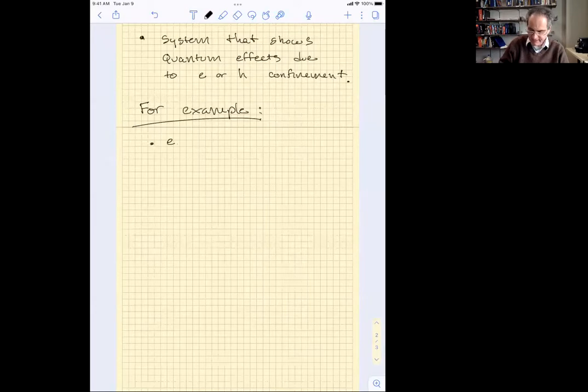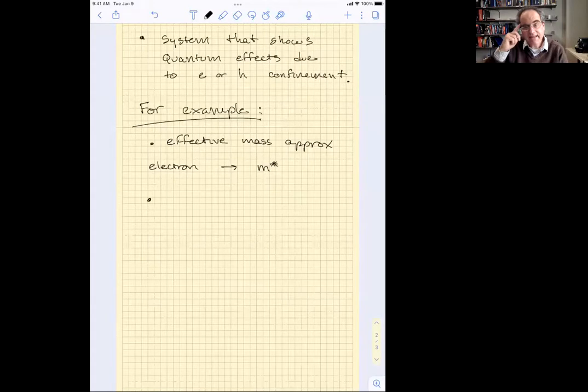This is called the effective mass approximation. In the effective mass approximation, an electron or a hole can be treated as a particle, but a particle with an effective mass m star.